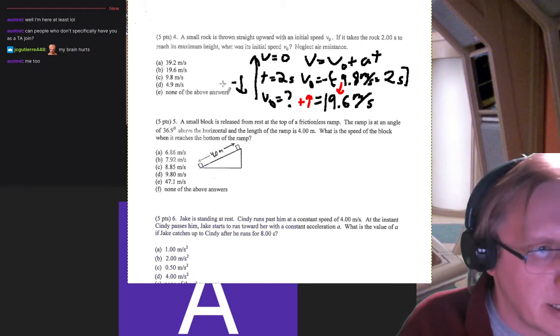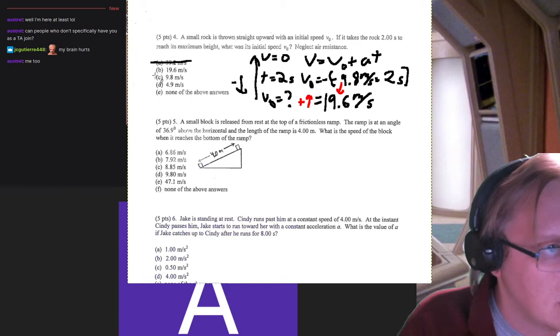Comes out in velocities. Yay! Units work. Here we have our 19.6 meters per second.